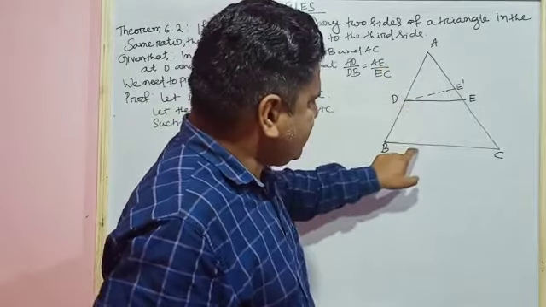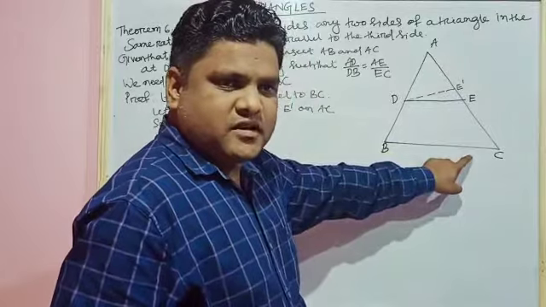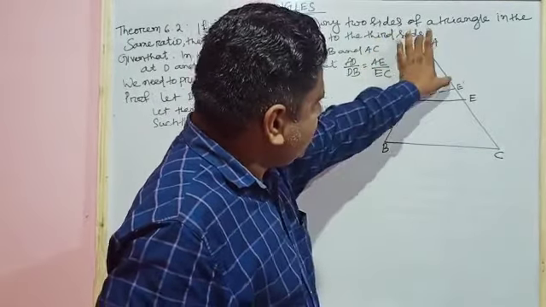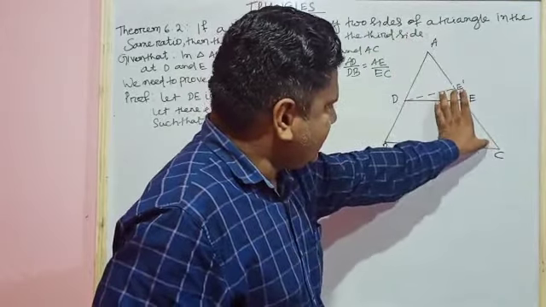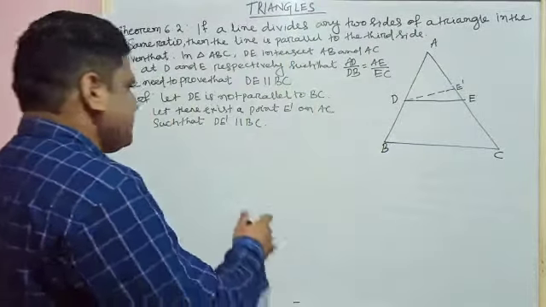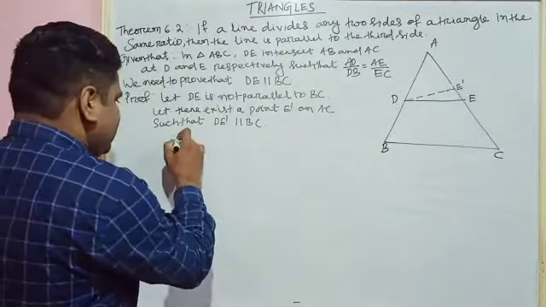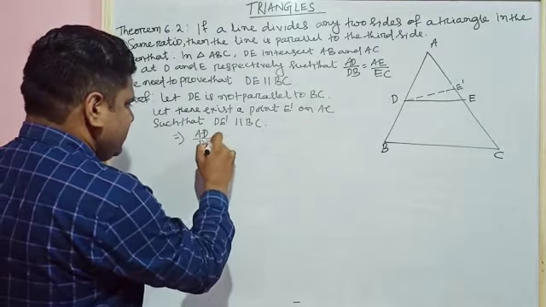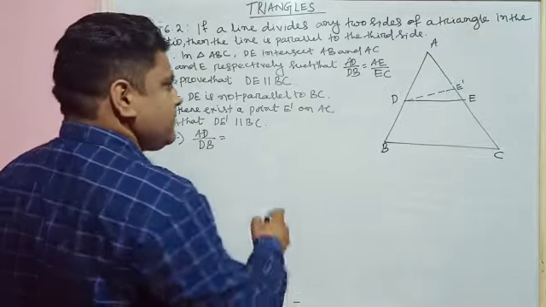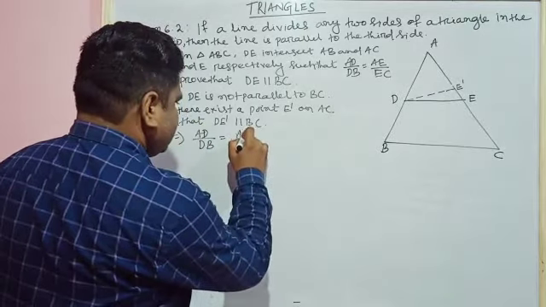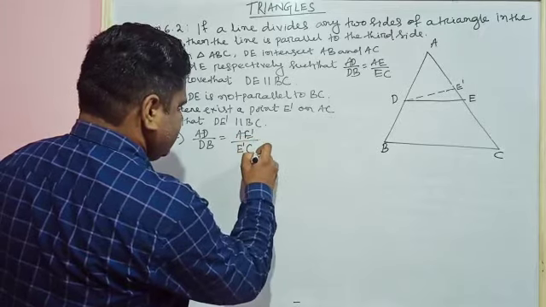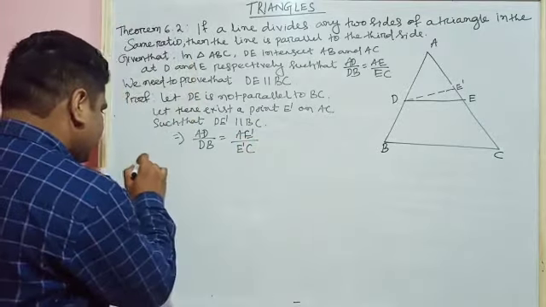DE dash and BC are parallel. So from theorem 6.1 we can write AD by DB equal to AE dash by E dash C.